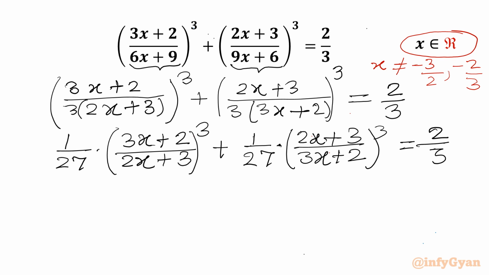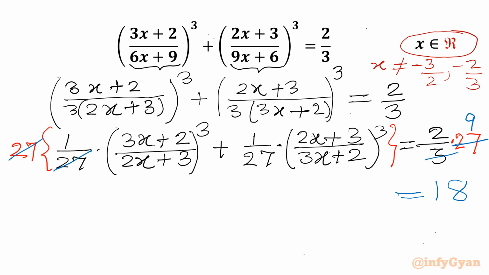Now let us multiply both sides by 27. So I can write here times 27, here also times 27. So I can cancel 3 and 27. So it will give us 9, so our RHS will become 18. And this 27 and denominator 27 will be over.